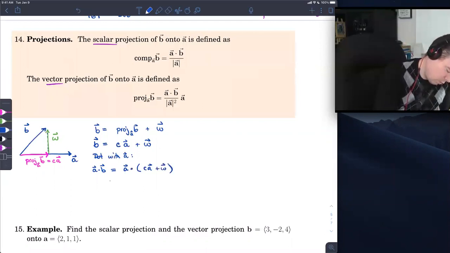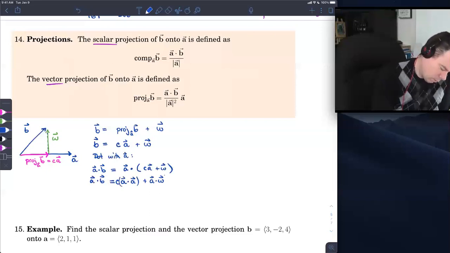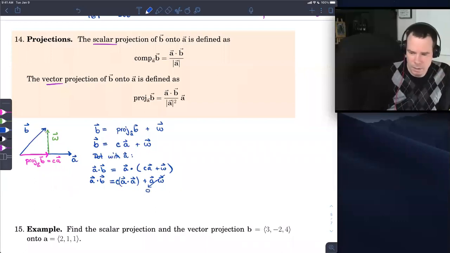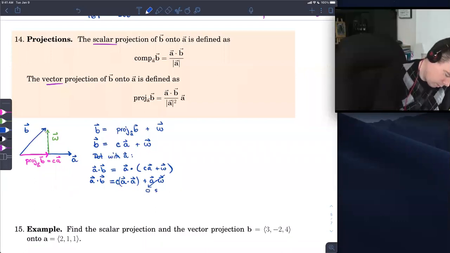And then I will use the distributive property to distribute the dot product, and then I'll use one of those properties that allows me to just pull the constant out front in that first one, plus A dot W. That's equal to A dot B. The reason I've done this is because A dot W is 0 since A is perpendicular to W.